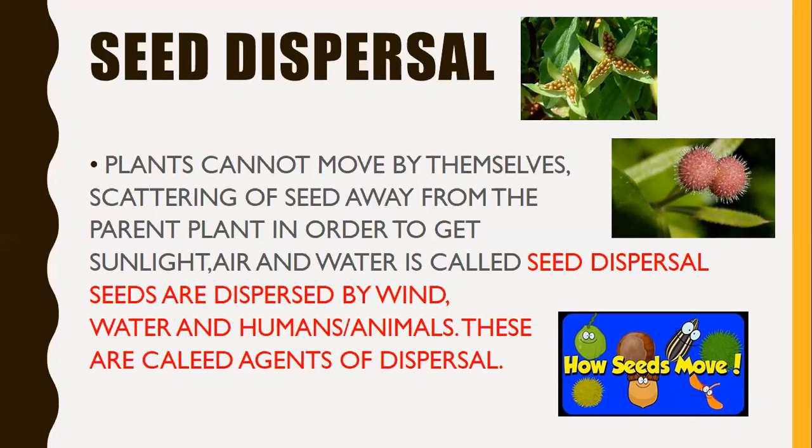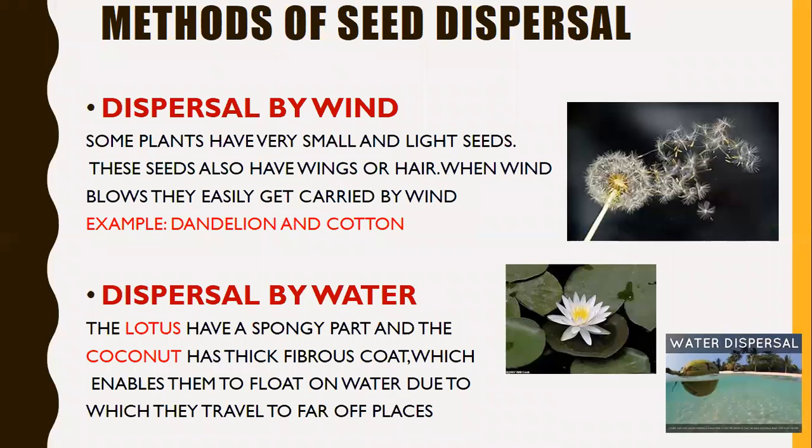They act as the agents of seed dispersal. Now, there are different ways of seed dispersal. One by one, we will study all the methods. First is dispersal by wind.